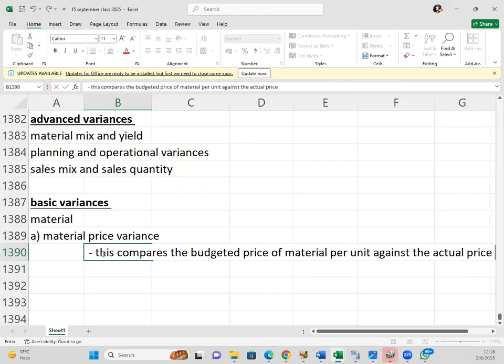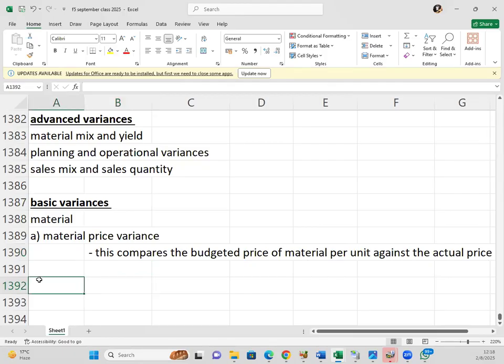The unit could be the kg, it could be the meters, depending on what we are looking at. So how much were we budgeting against what we ended up paying. So that's the material price.